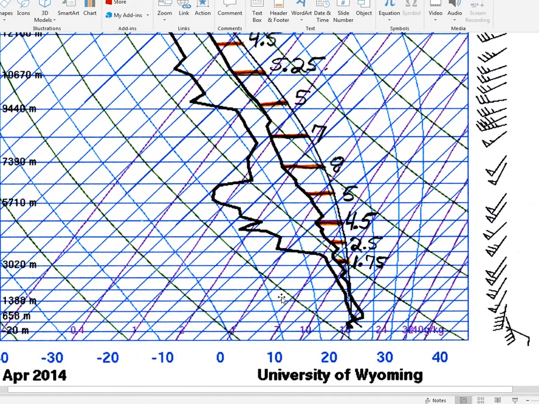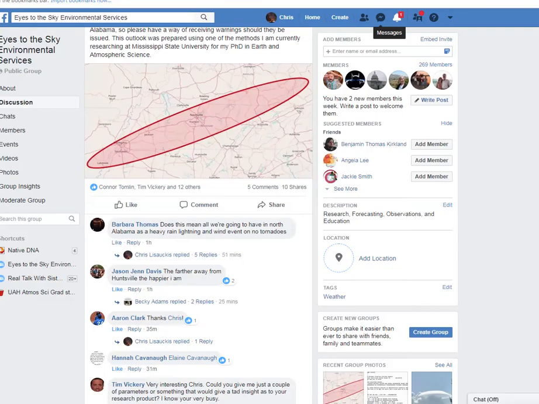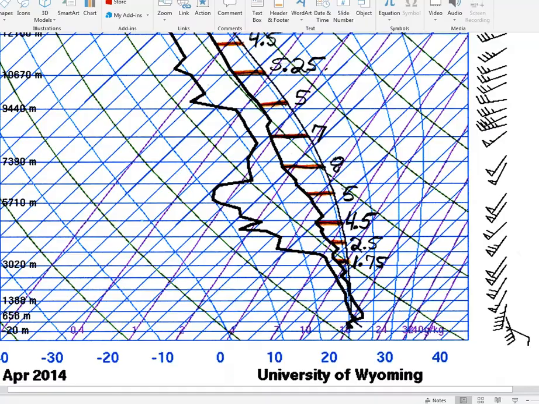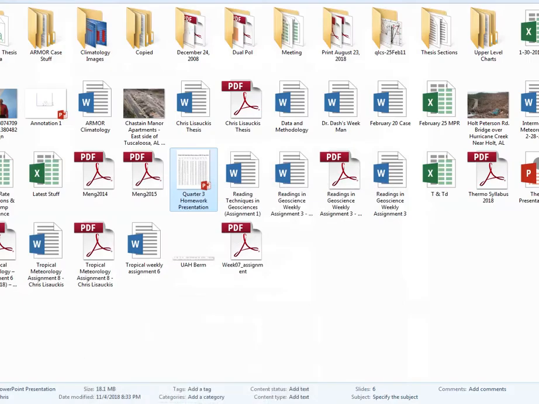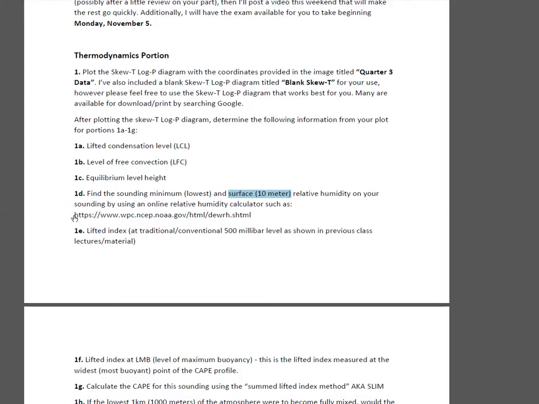Okay, so then the maximum relative humidity. Typically that'll be at the surface, not always, but sometimes. And with this particular question, I think I do ask specifically for the surface. So just take that dew point and temperature at the surface and enter it into the calculator that I linked you to, this link right here.